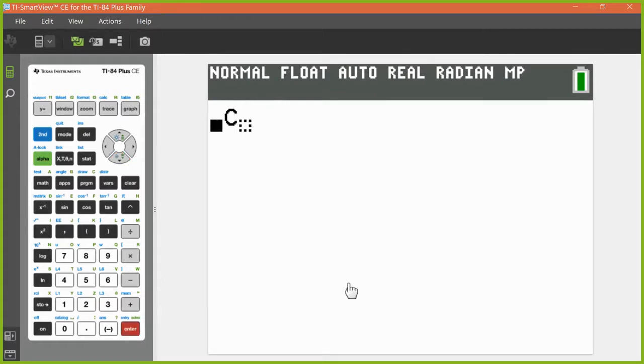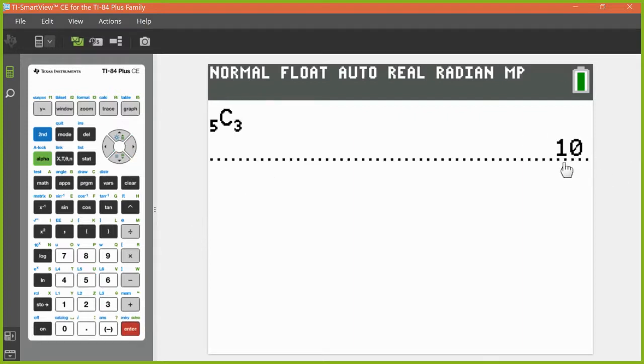Now, my calculator is giving me a prompt for the subscripts. Maybe your calculator does not, which we'll talk about in a quick second. So I'm going to say 5 trials, and I want 3 successes. And it's telling me there are 10 combinations that do that.